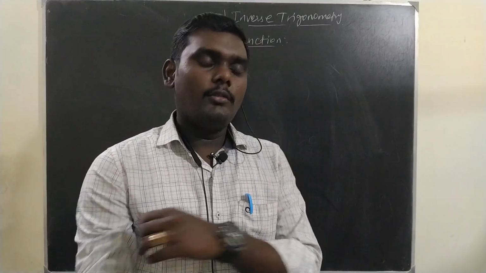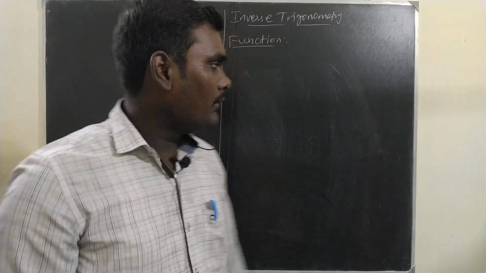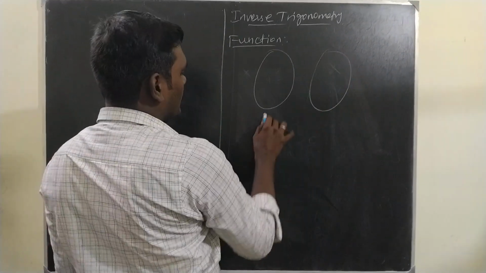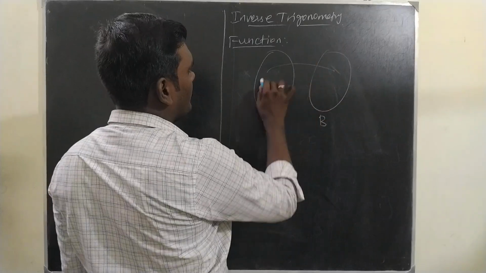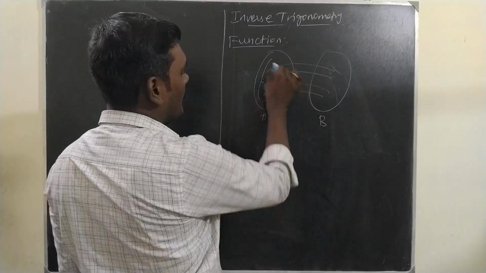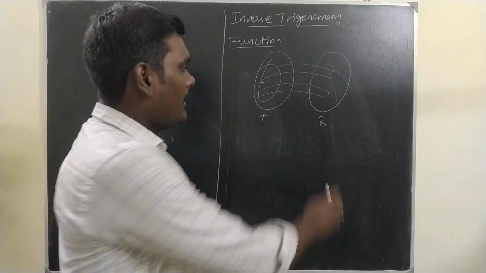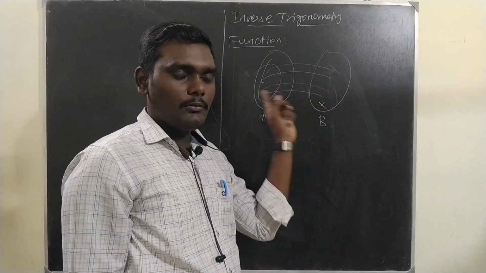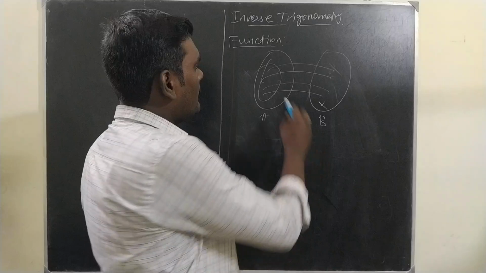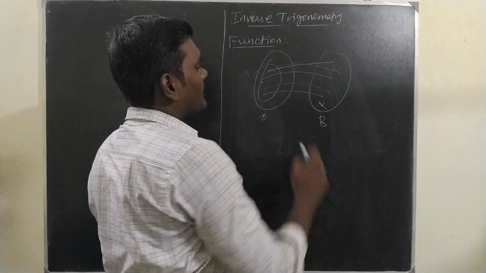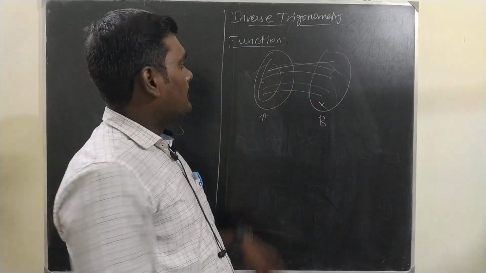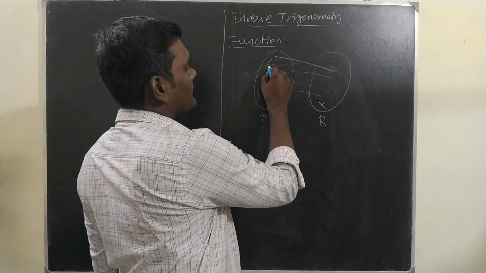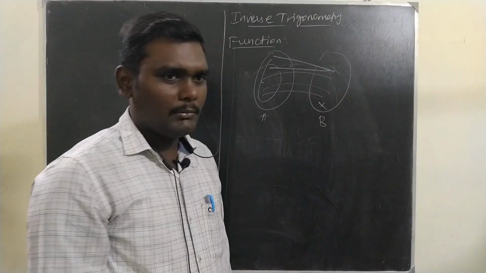That is what we call a function. So we have a relation from A to B, where all these elements should be mapped. Some of them here may not be mapped, not a problem, but all of these should be mapped, each with a unique element. Two elements mapped with the same image is not a problem.